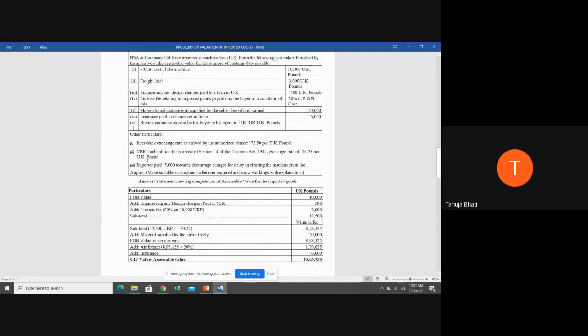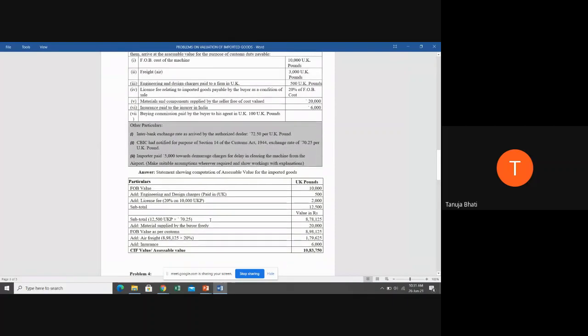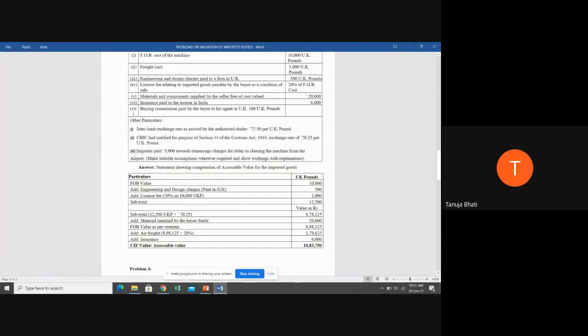Next, the importer paid 5,000 towards demurrage charges for the delay in clearing the machine from the airport. Should this be considered? Just understand the meaning.